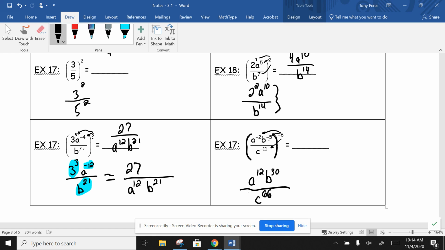So now to kind of Ahmed's question, notice how there are no negative exponents there? That means we don't change anything. That's it. That's our final answer. We would just get a to the 12th, b to the 30th, all divided by c to the 66th. All right.